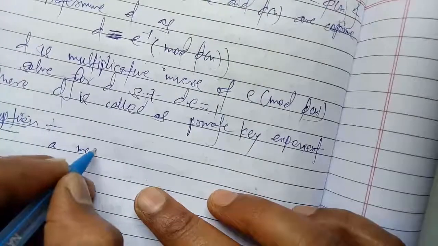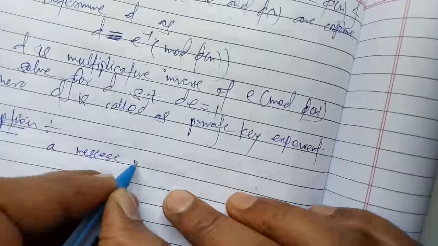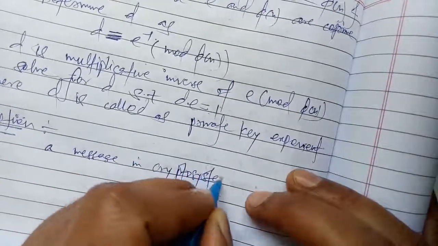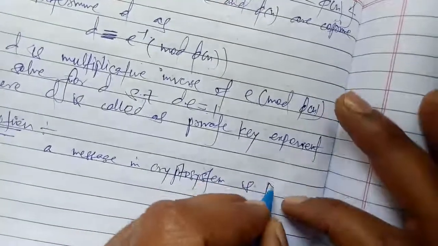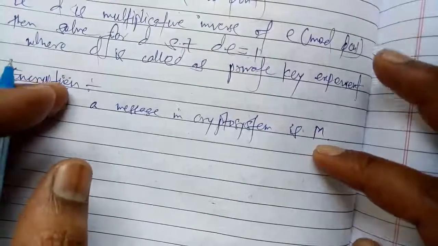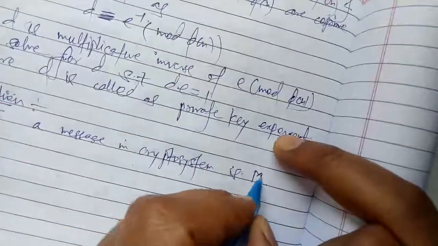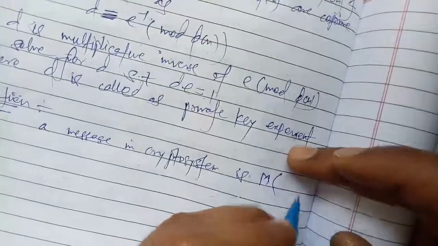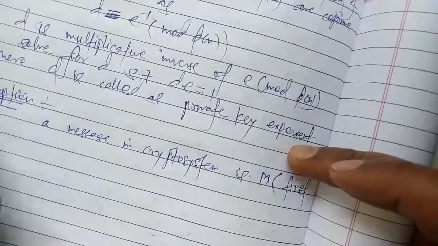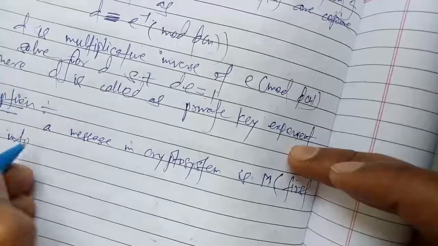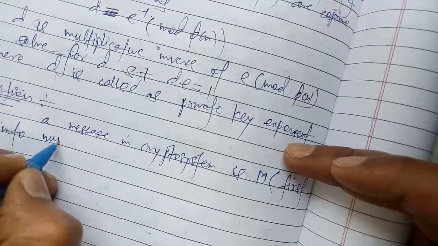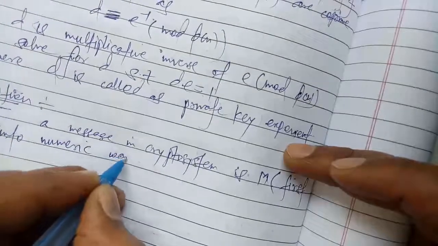Suppose your message in the crypto system is capital M, and first that message is coded into a numeric word.